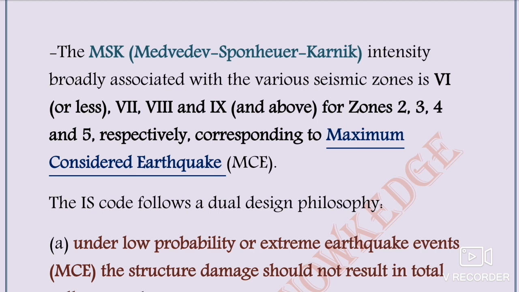So the MSK intensity broadly associated with the various seismic zones: zone 2 is 6 or less, zone 3 is 7, zone 4 is 8 and zone 5 is 9.